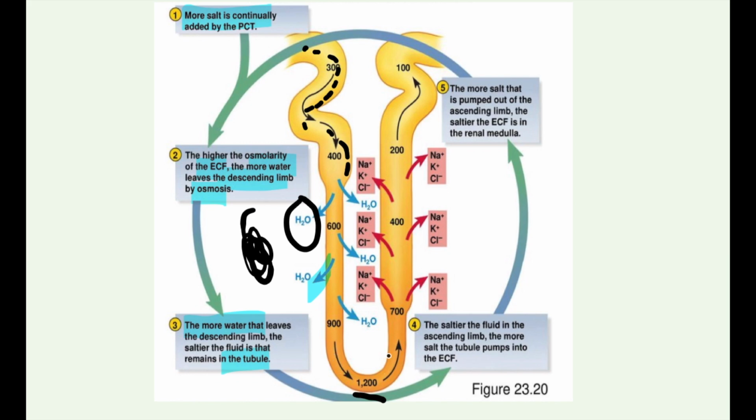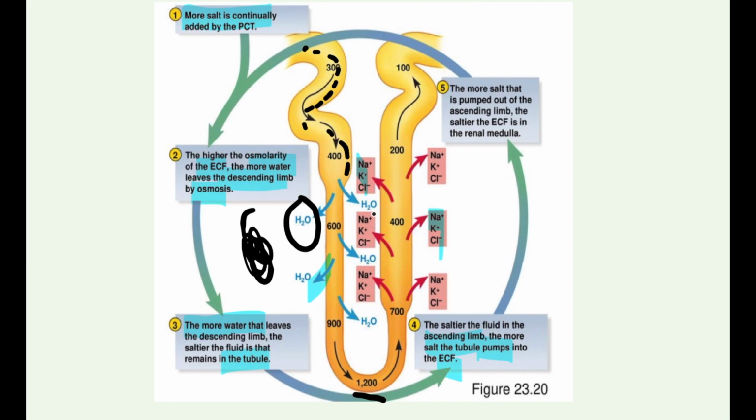Now it gets saltier and saltier in the ascending limb, and the more salt in the tubule pumps out into the extracellular fluid, meaning that in the ascending limb, more solutes are pumped out instead of water. The ascending limb is impermeable to water, but permeable to solutes, as I talked about before in the series. But the descending limb is more impermeable to solutes and permeable to water.